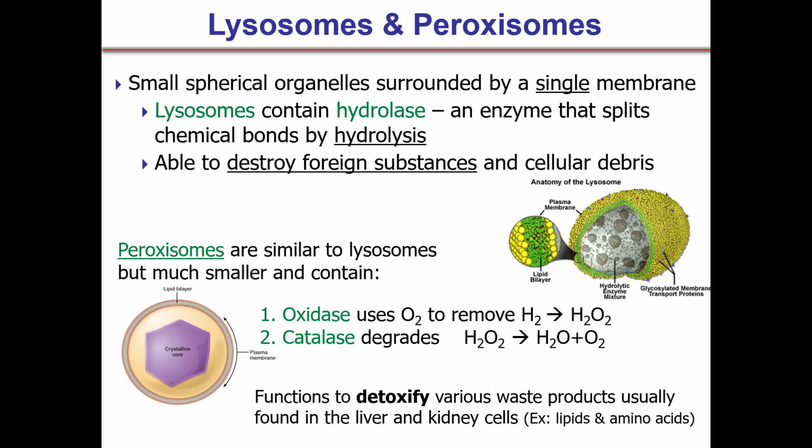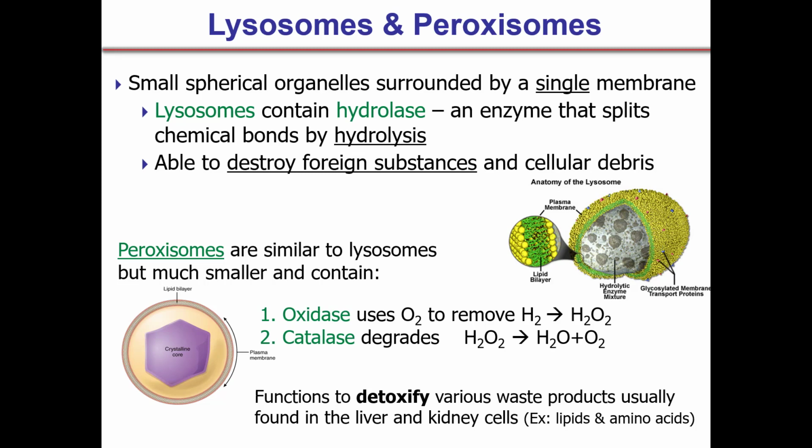Here are the lysosomes and peroxisomes. These may be a little more unique. You might not have come across these before, but let's just talk about them real quick. These are small little organelles. You can see that they're membrane bound, and they've definitely got some stuff inside. So their function is to clean and detoxify the cells.